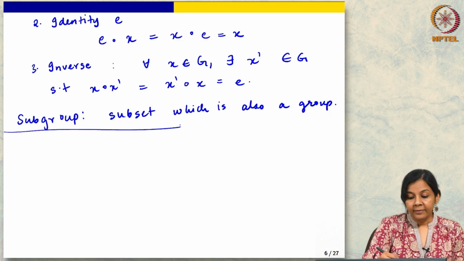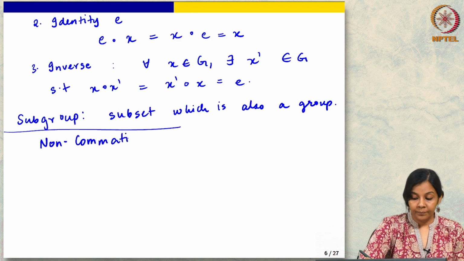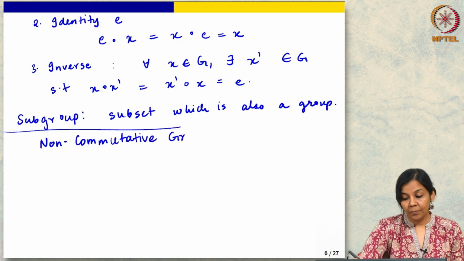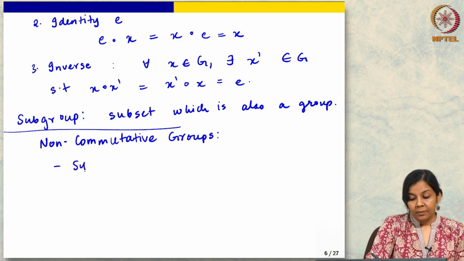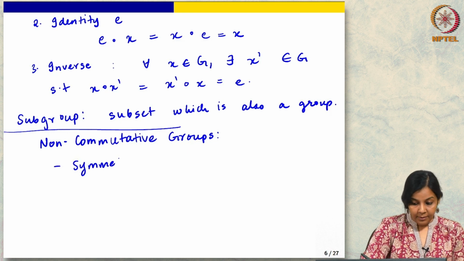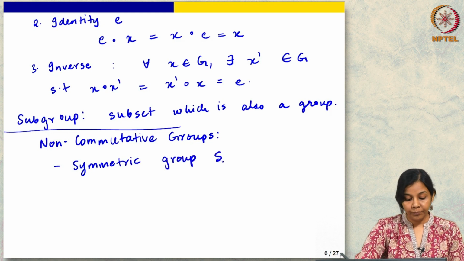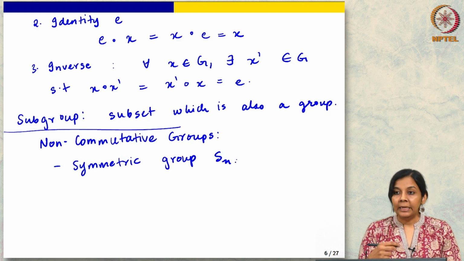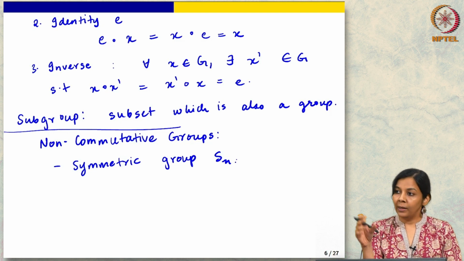Okay. So, let us look at the non-commutative groups that we are interested in. As I already said, one group that we are interested in is the symmetric group Sn, and this is basically the group of all permutations from 1 to n, to the same set.